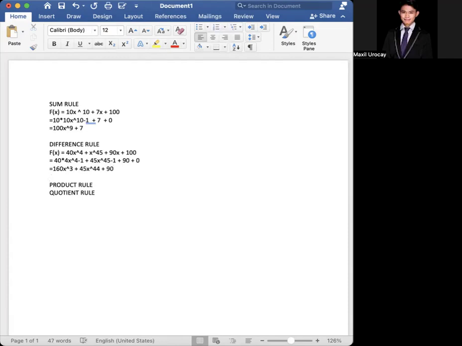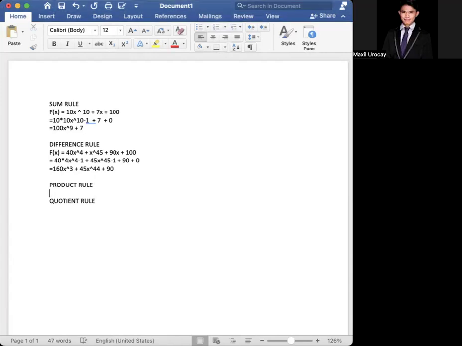That's the difference rule. But for the product rule, it will be basically a quite long process, because there is a small challenge that you will also deal with, but I know that you can still do it.